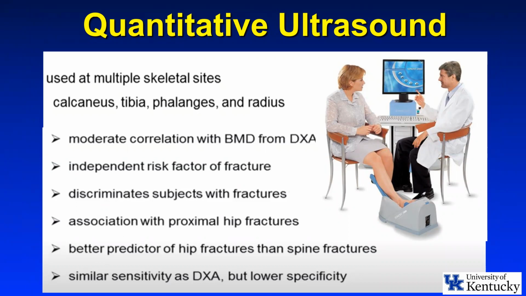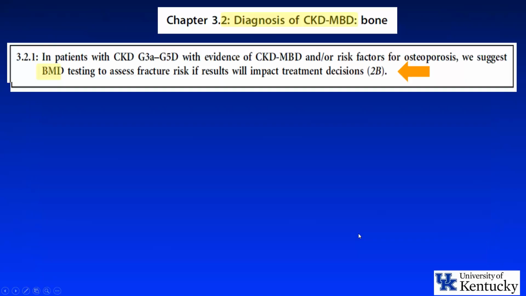It discriminates subjects with fracture, so it can differentiate patients who have fractures or not. It has very good correlation with cortical bone strength, so it's associated with proximal hip fracture, not usually with spine fracture. It has similar sensitivity to DEXA, but of course lower specificity.